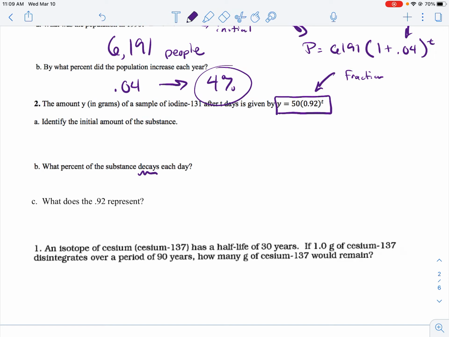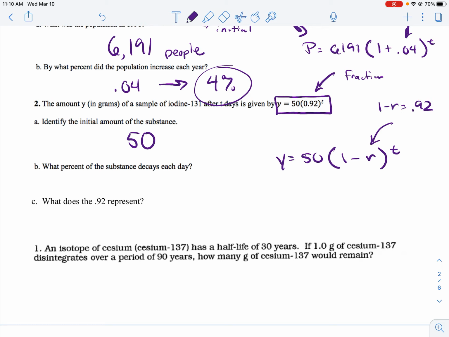So identify the initial amount of the substance. Well, that's our A value, and what comes before the parentheses is that 50. Then it's asking how much it's decaying each day. So we can't just do what we did in the last one, but if we write this out, it's 50 times 1 minus R to the T. In this case, how do we get 1 minus R is equal to 0.92?